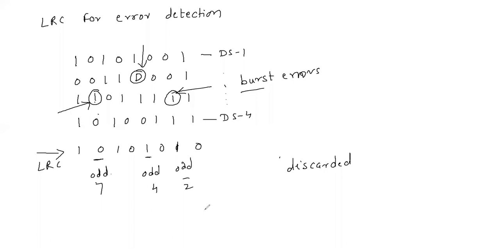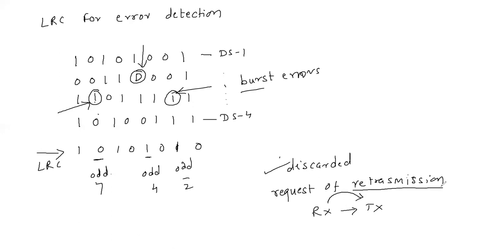So when there is more than one error per block, the data block is discarded and a request for retransmission is made from the receiver to the transmitter. The receiver says there are multi-bit errors in the received information, so it will discard the entire block and send a request to the transmitter for retransmission.